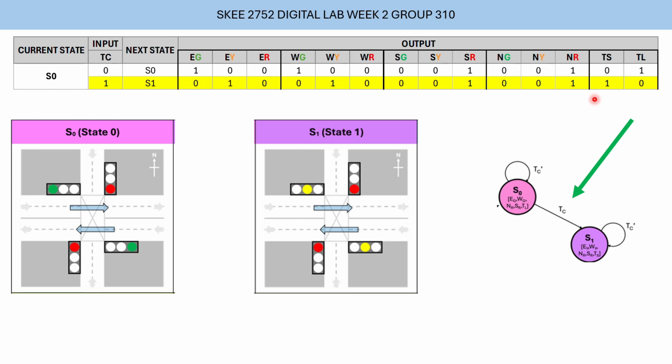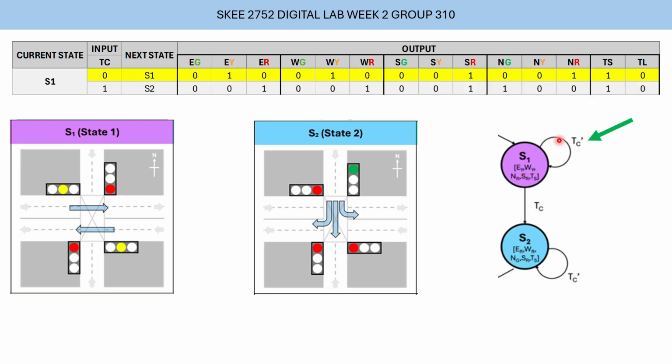During state 1, when it did not receive a signal from the timer module, we go back to itself, state 1, in which east and west will be yellow, south and north will be red, short timer.